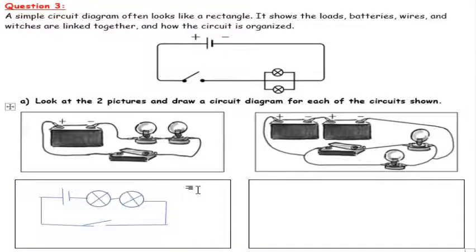So this is the diagram of this circuit. It shows the battery, the two light bulbs, the open switch, and all of these elements are connected to each other by wires. Let's move to the second one.